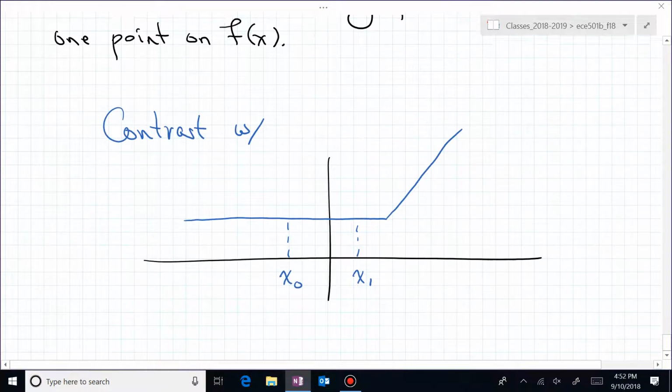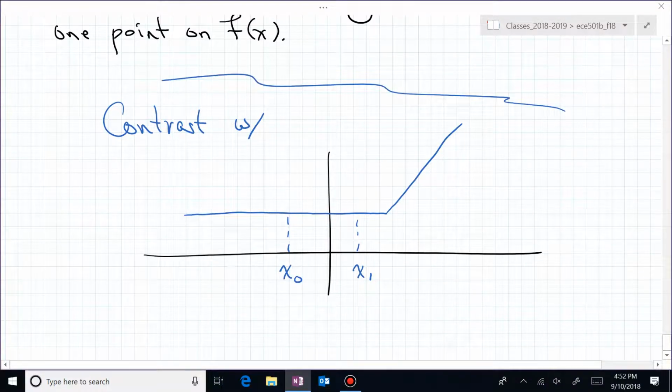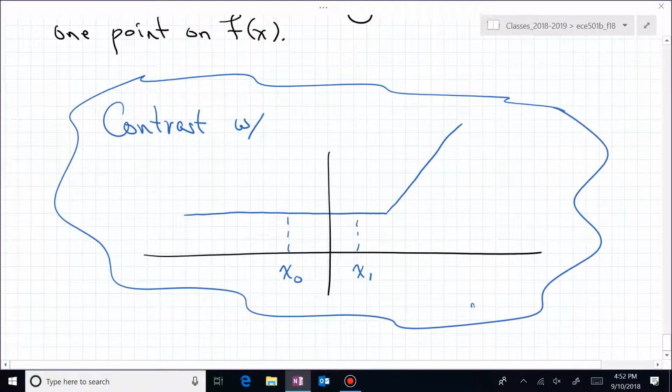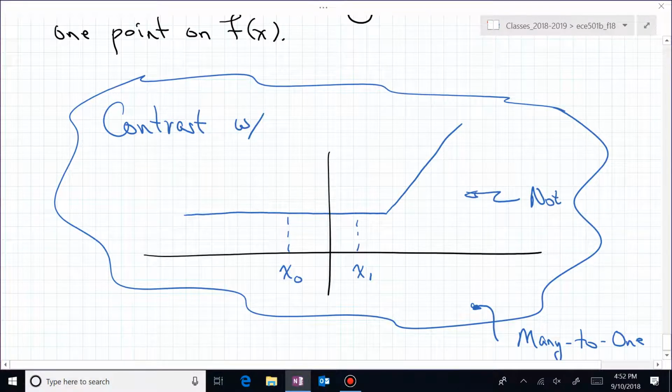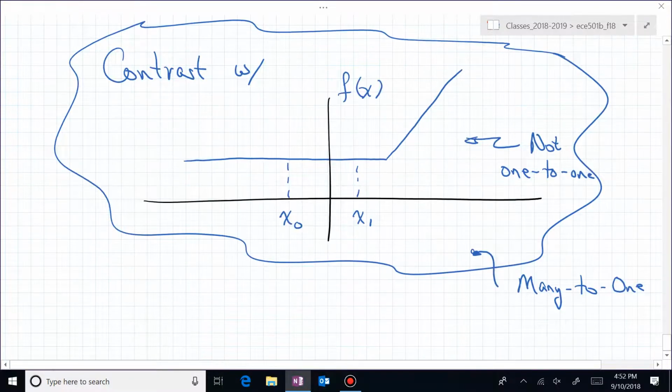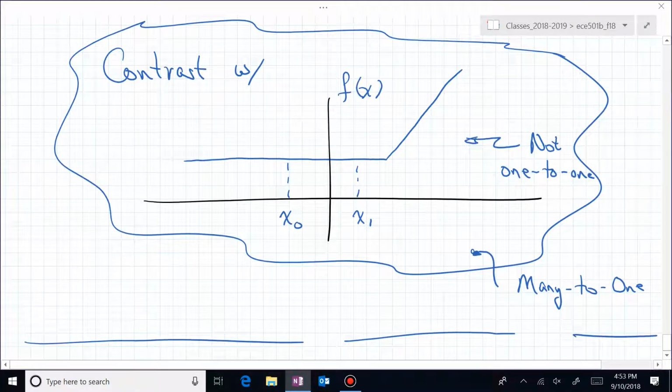So this is now a many to one example. This is not one to one, that f of x. So that's the contrast between an injective map and a non-injective map.